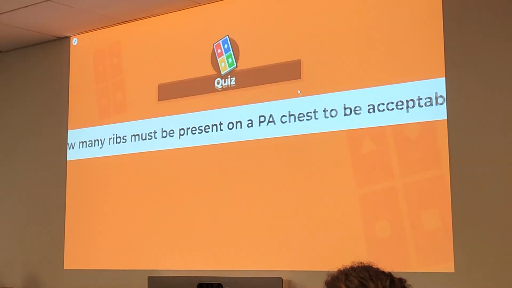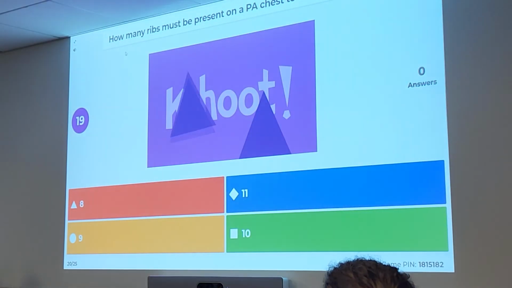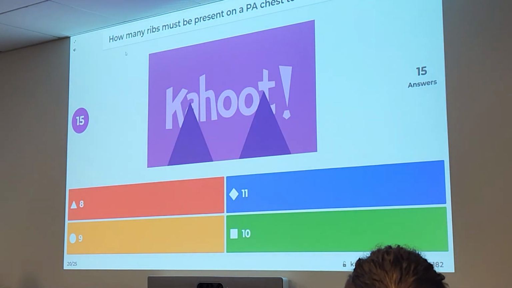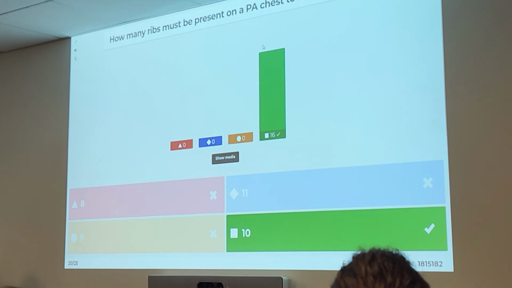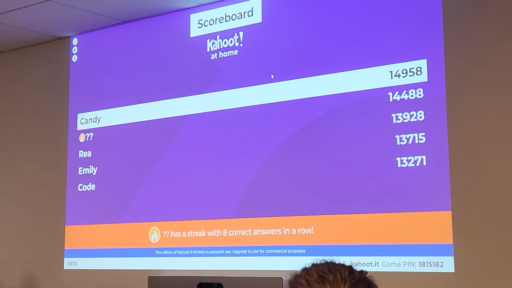Alright. How many ribs must be present on a PA chest to be acceptable? Very good, Tim. We all got that one too. Do not ever forget that question, that will be on your registry. That's one of those guaranteed questions right there. Is it the same for pediatrics? Yes.